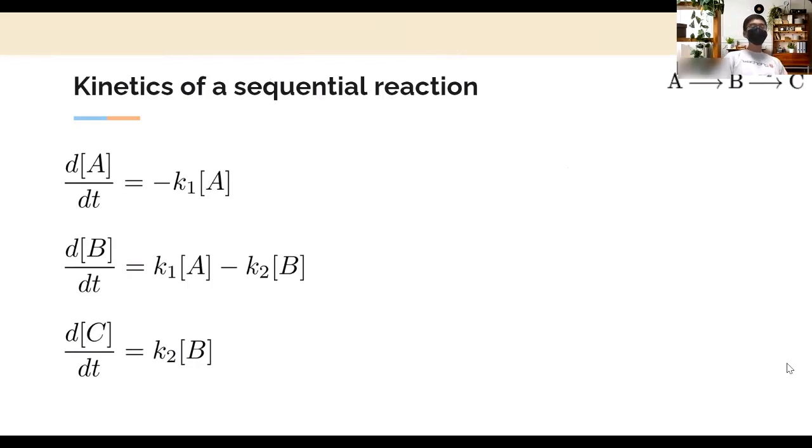That will be negative, because it's being consumed, of the rate equation of the first step, so K1 times A. For intermediates such as B, since it is involved in two steps, firstly in the production in the first step, which is represented by K1A, as well as being consumed in the second step, which is represented by K2B, we have to combine both of them and express the rate of change of B as such. And we can simply do the same thing for C.